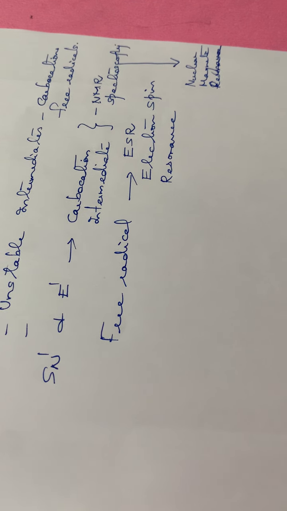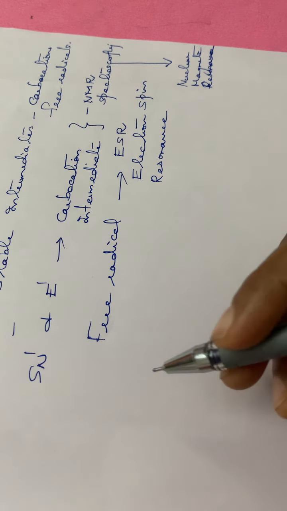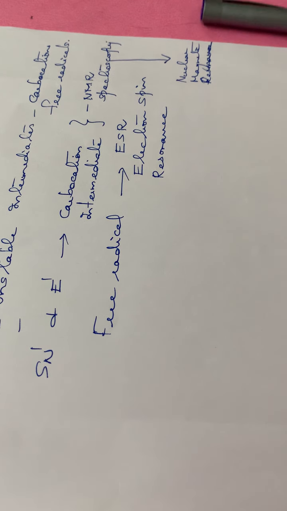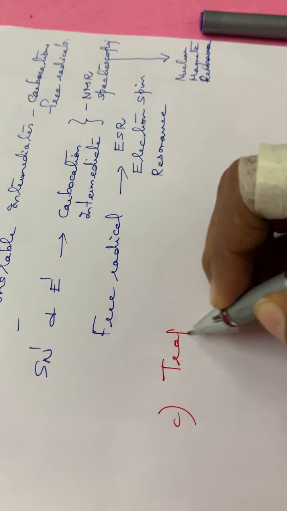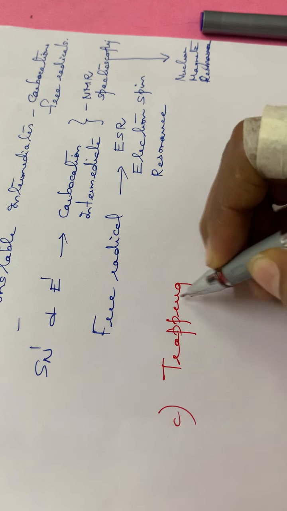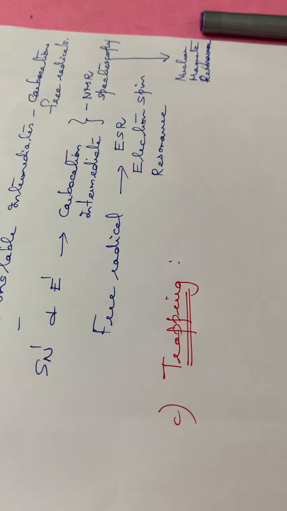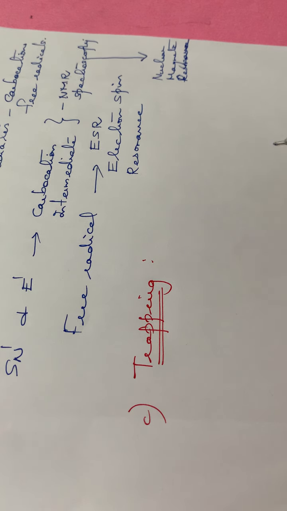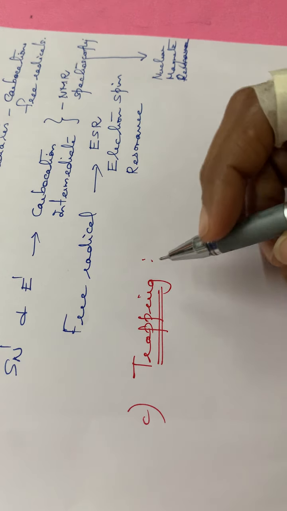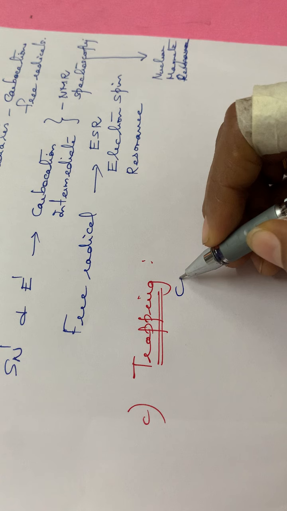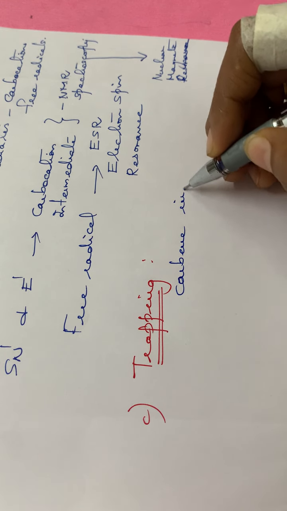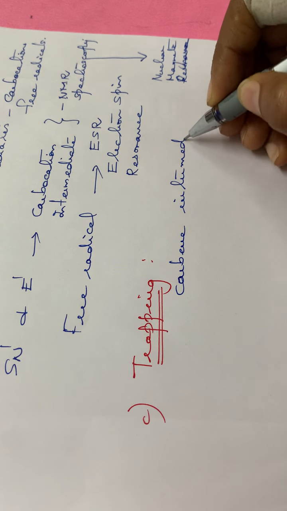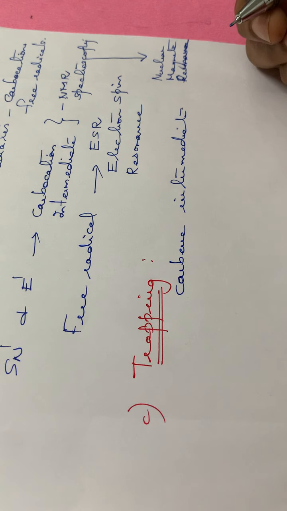Then the next one, the third one, that is by trapping. See here, for a highly reactive intermediate, for example the carbene intermediate, we have seen carbene intermediate.